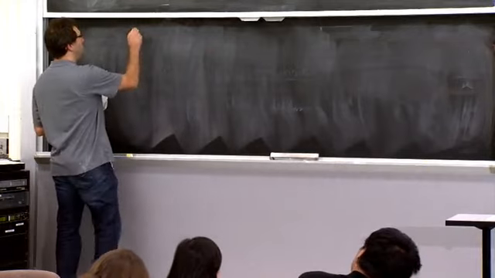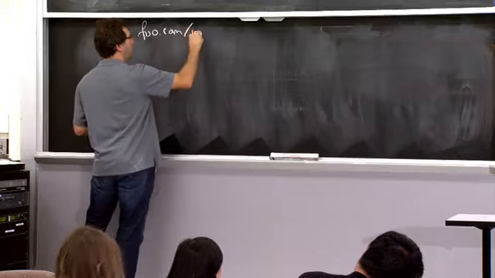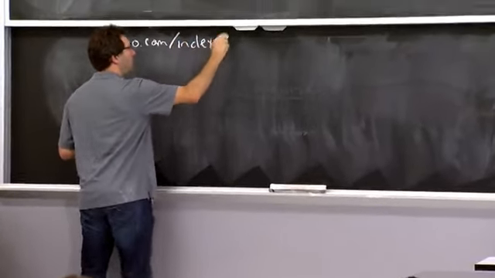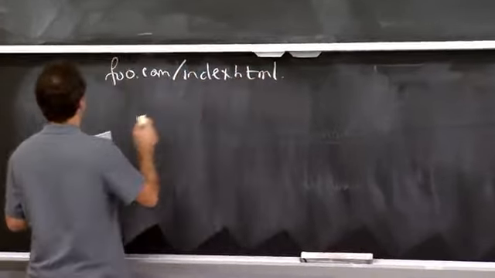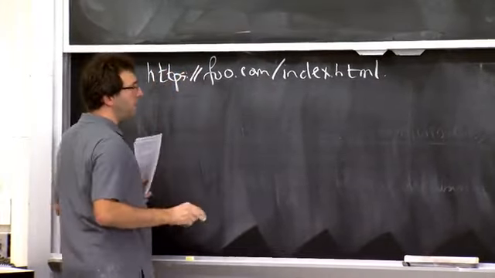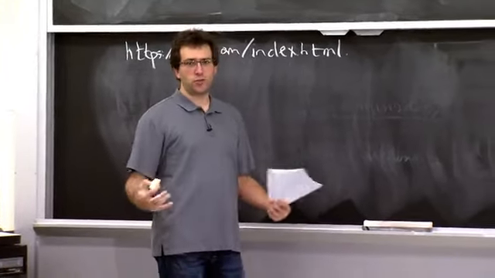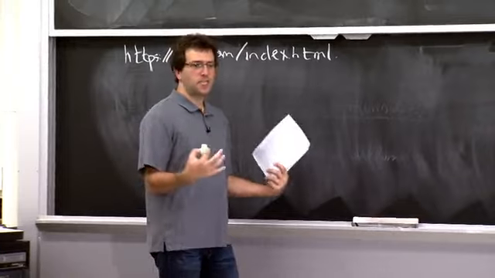So if you have some site, foo.com/index.html, this site might be served over HTTPS, but inside of this HTML page, you could have many tags that instruct the browser to go and fetch other stuff as part of this page.